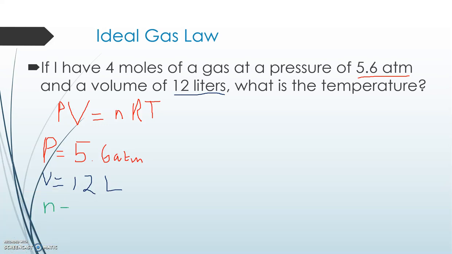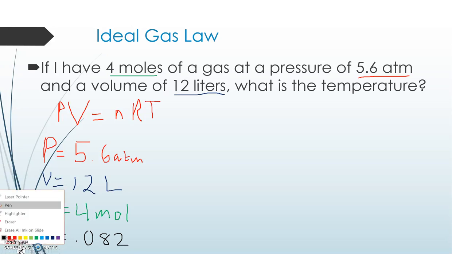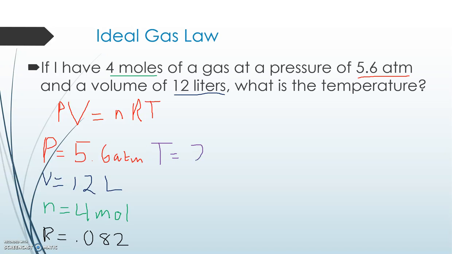The number of moles, or N, is 4 moles. R, since we are working with ATM as our pressure, is 0.082. And T, or temperature, is our unknown. That's what we're trying to solve for.